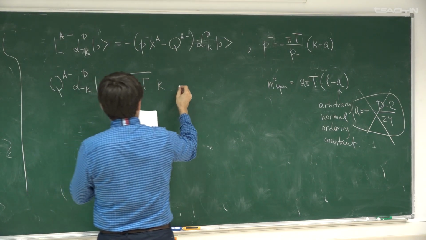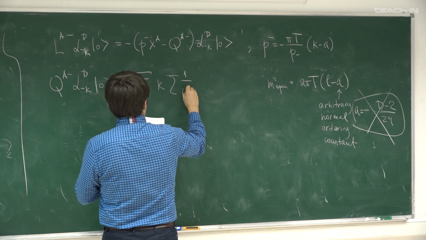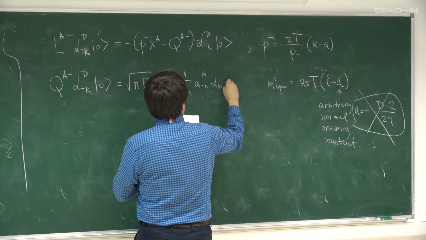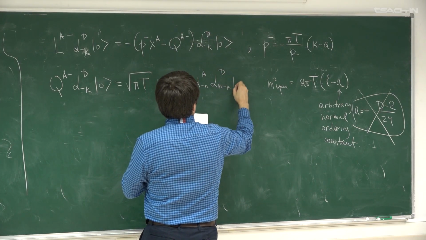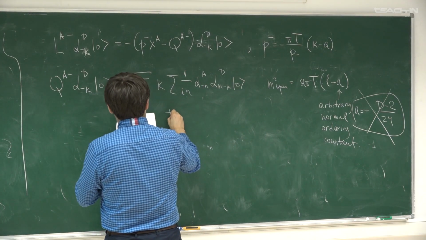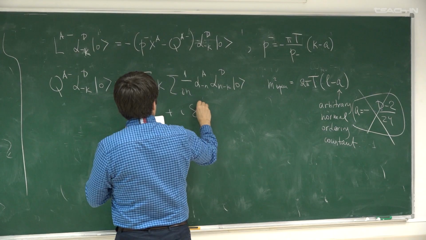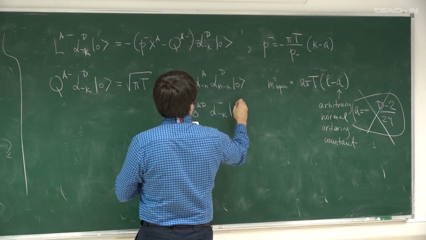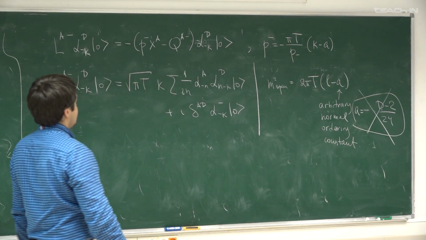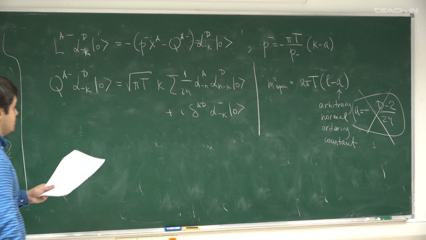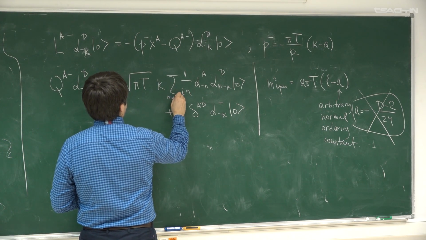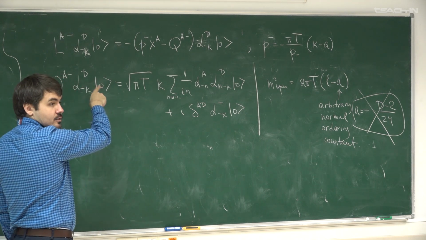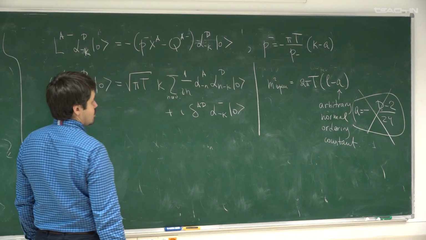K times plus i delta a d minus k minus. That's an explicit calculation. You act with this Q, which is cubic in the oscillators, on the one-particle state, and you get these quadratic combinations.